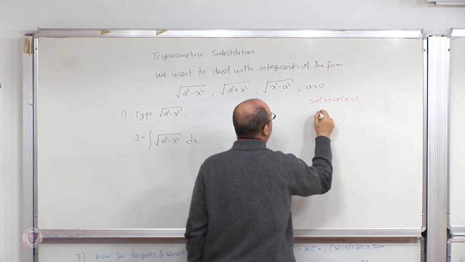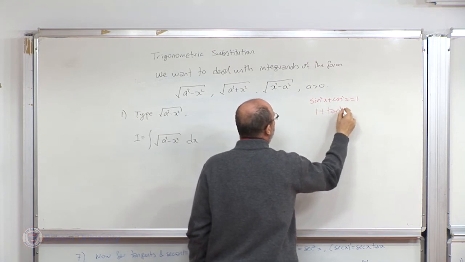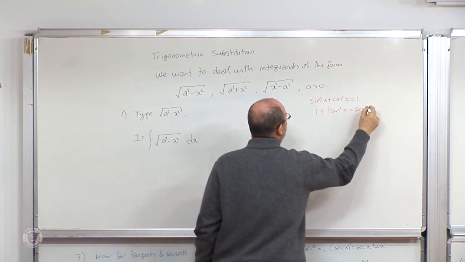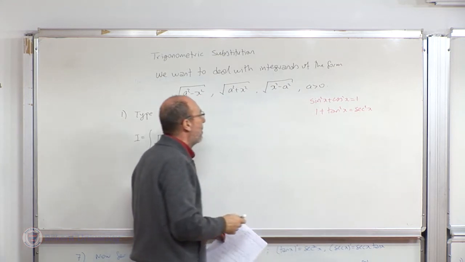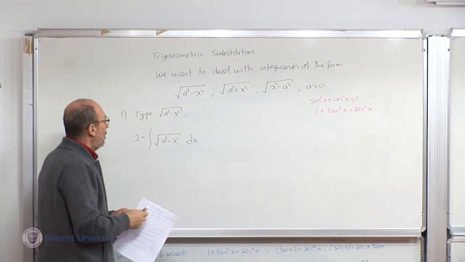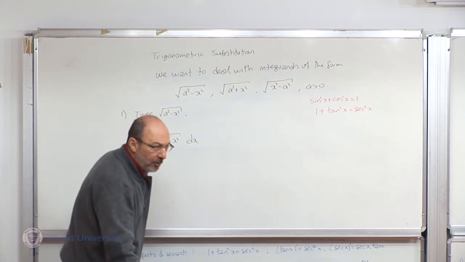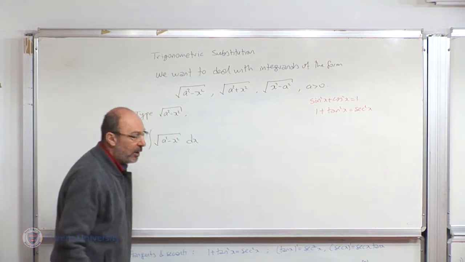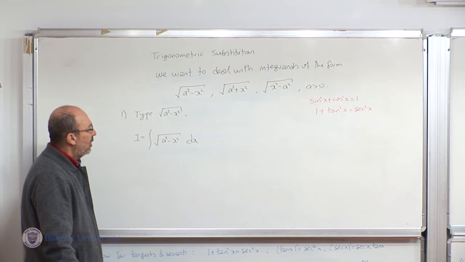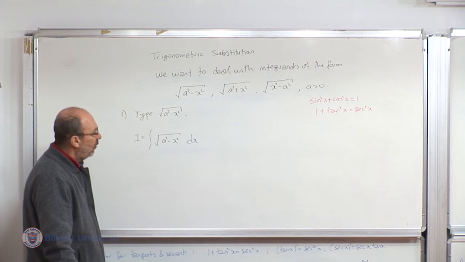And then what? 1 plus tangent square x equals secant square x. Okay. So for the moment, suppose a is 1. So we are looking at 1 minus x square. So 1 minus sine square or 1 minus cosine square will work.